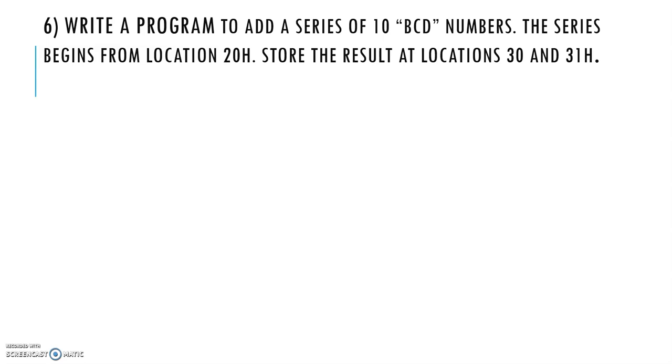So we use the R0 register to store the initial source address, and the R1 register to store the count, that is, the value 10 should be stored in a particular register. And the accumulator register can be used to accumulate the sum.